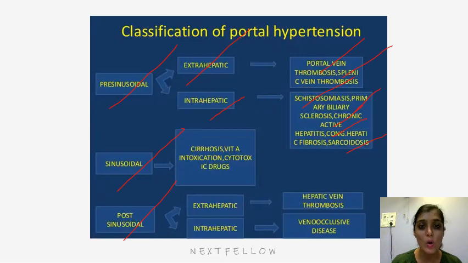Sinusoidal causes are basically the causes in the liver, that is cirrhosis, vitamin A intoxication and cytotoxic or hepatotoxic drugs. Post-sinusoidal is beyond the liver, both intrahepatic and extrahepatic. Intrahepatic is any veno-occlusive disease like Budd-Chiari syndrome. Extrahepatic is hepatic vein thrombosis. So this is a very important chart regarding classification of portal hypertension.